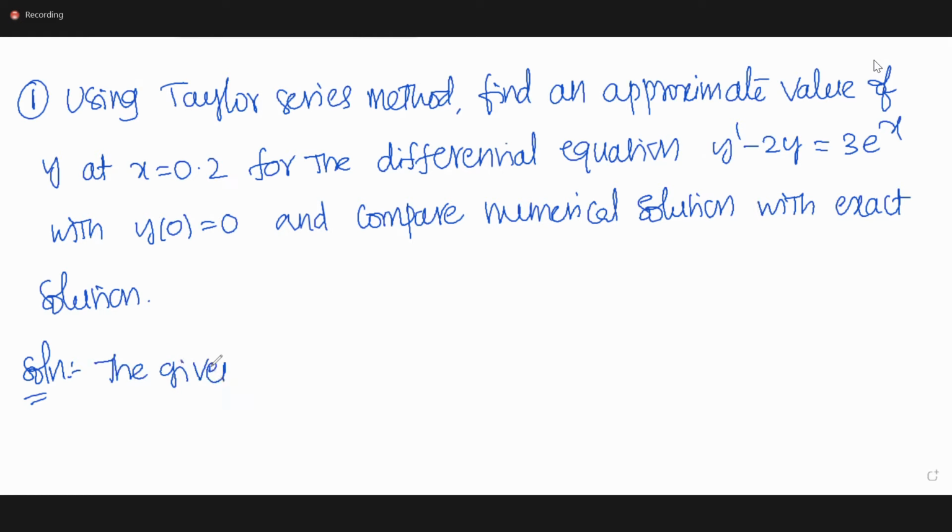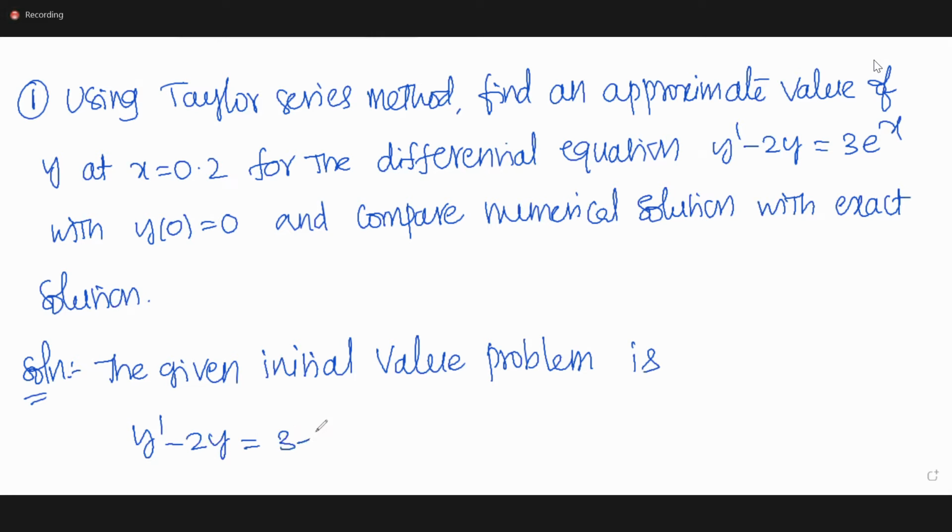The given initial value problem is y dash minus 2y is equal to 3 e power x with y of 0 is equal to 0.